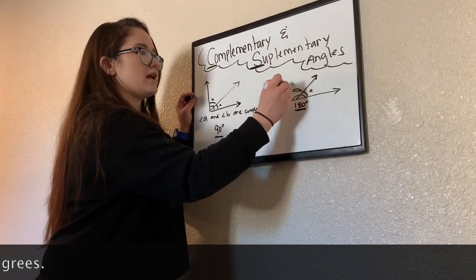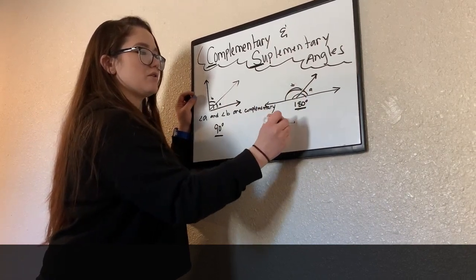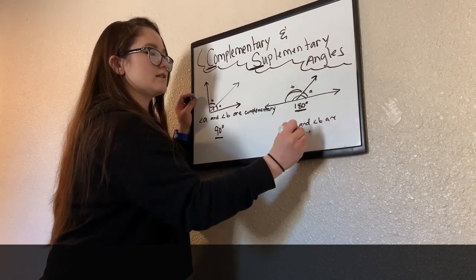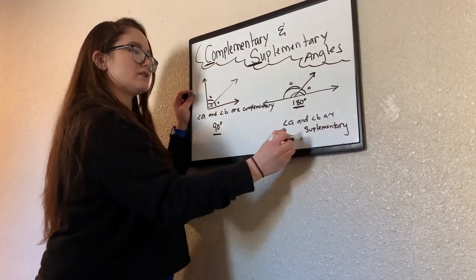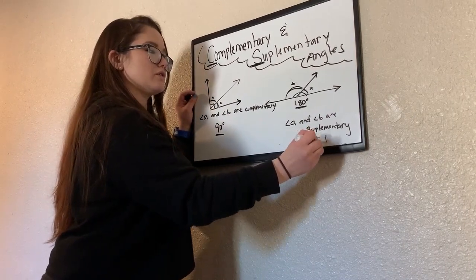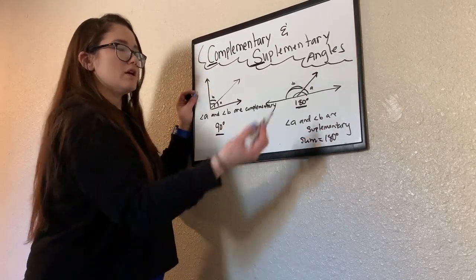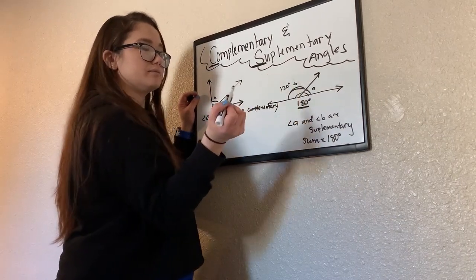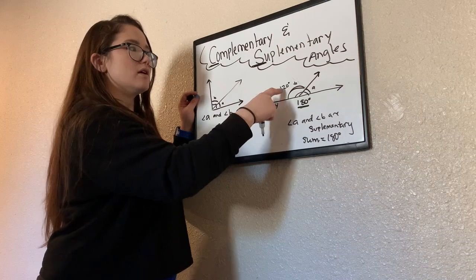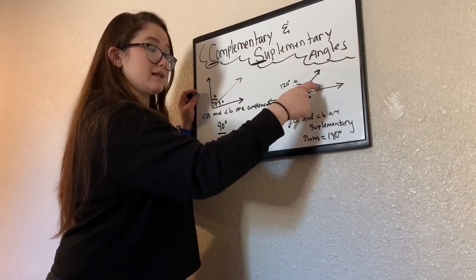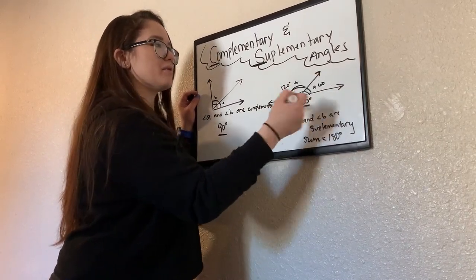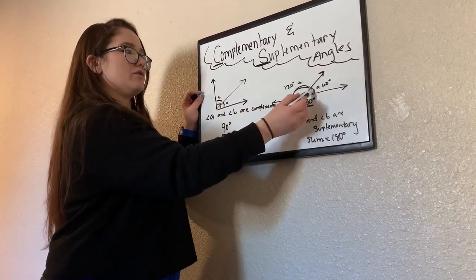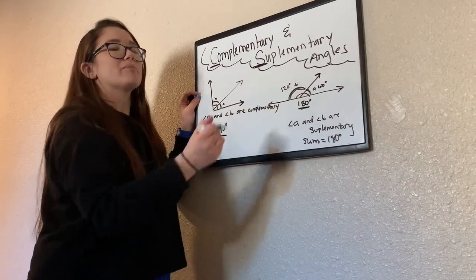So if this was A and this was B, I would say angle A and angle B are supplementary because their sum equals 180 degrees. So let's say if this was 120 degrees, 120 plus 60 would be 180 degrees. So this angle and this angle are supplementary angles.